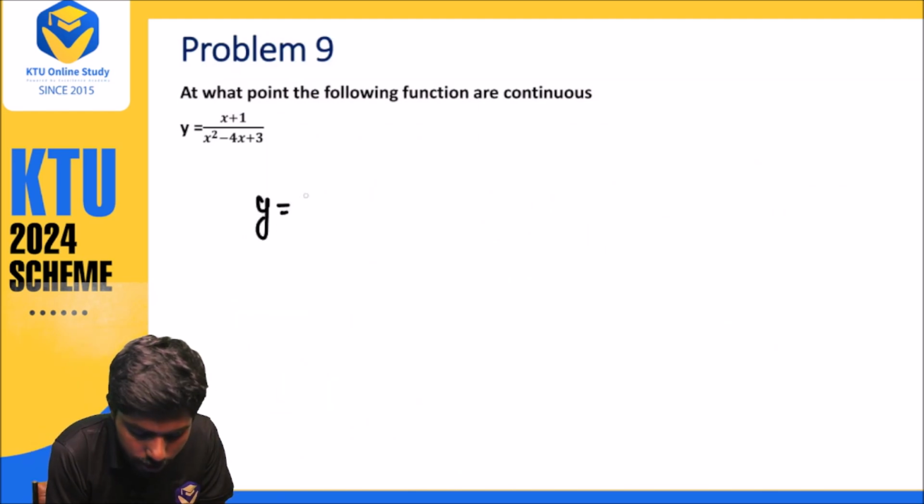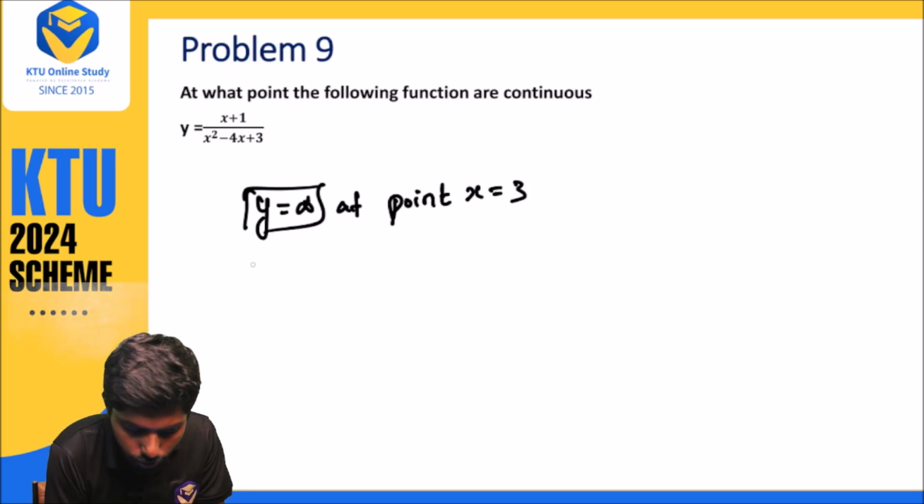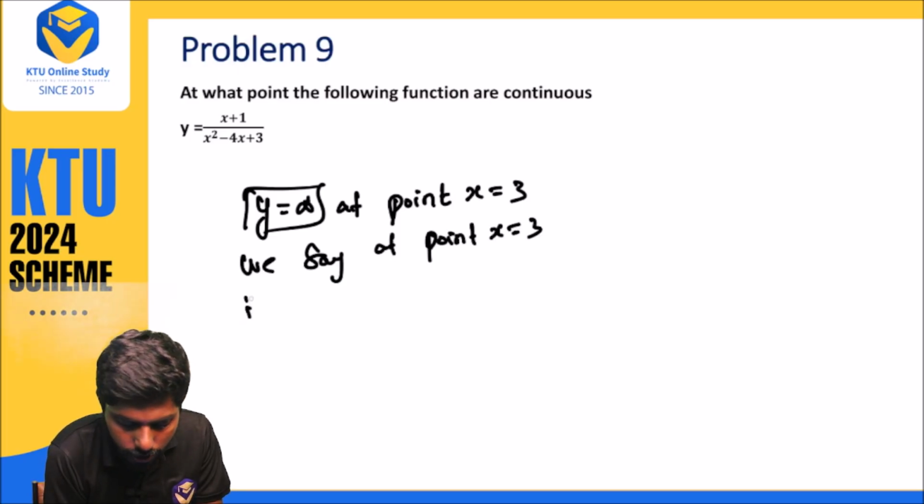So y is equal to infinite at x is equal to 3. We can say at x is equal to 3 it is not continuous.